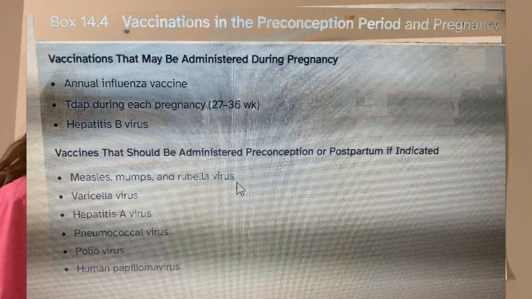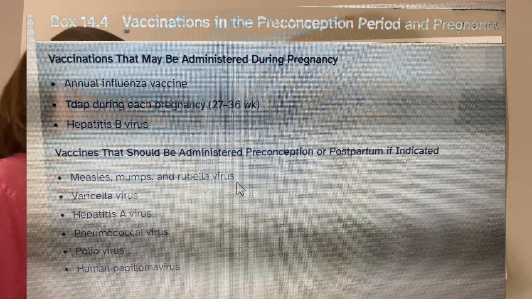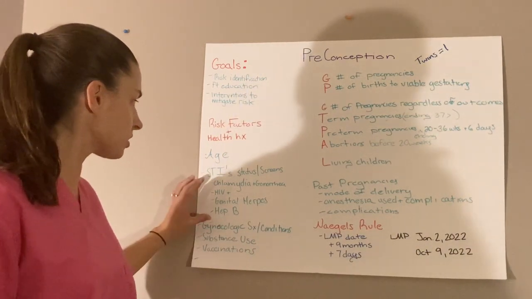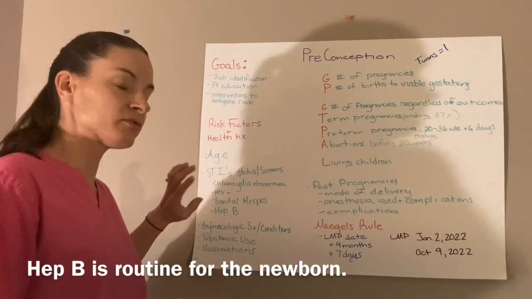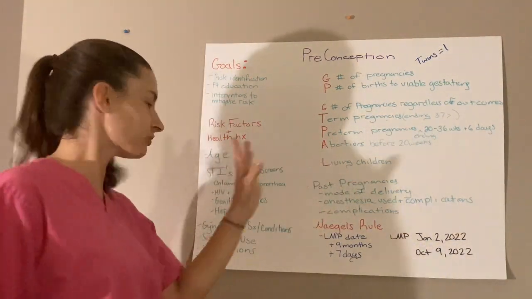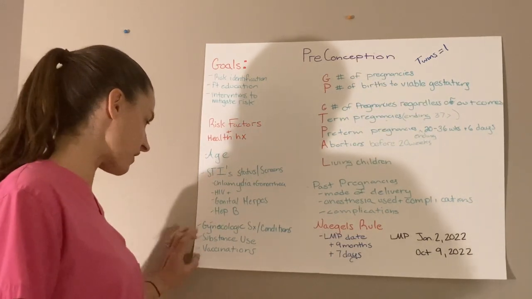Certain vaccines you can get during pregnancy, certain vaccines you can get preconception, and others you can get after. The baby would get vaccines too, I believe, for certain ones, but that would be in a postpartum video, so let's not go off on any tangents. So, vaccine history.